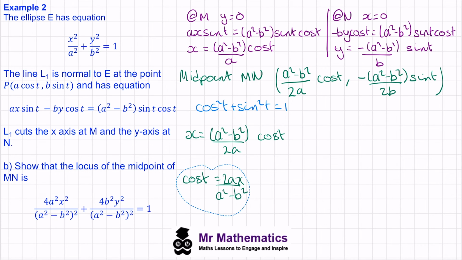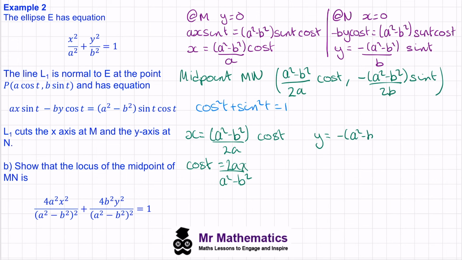I'm just going to move this up to leave some space. And then the y we know is given here: negative a squared minus b squared over 2b sin t.